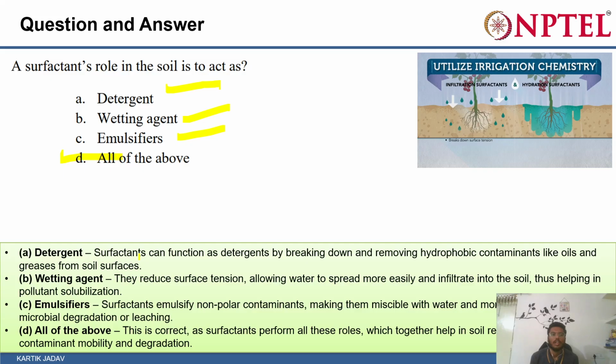It also acts as a wetting agent, so that reduces the surface tension, allowing water to spread more easily and infiltrate into the soil, and also acts as an emulsifier for non-polar contaminants.